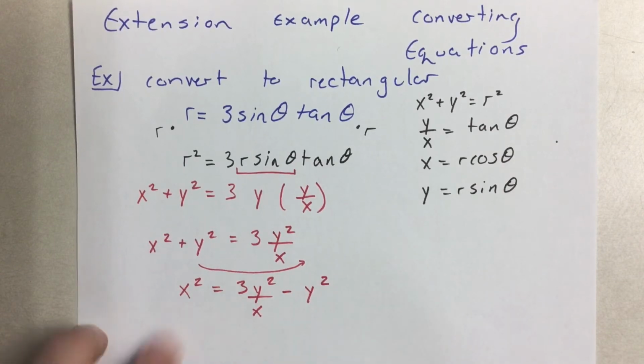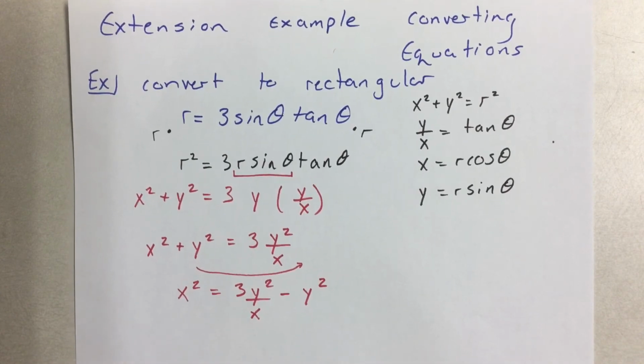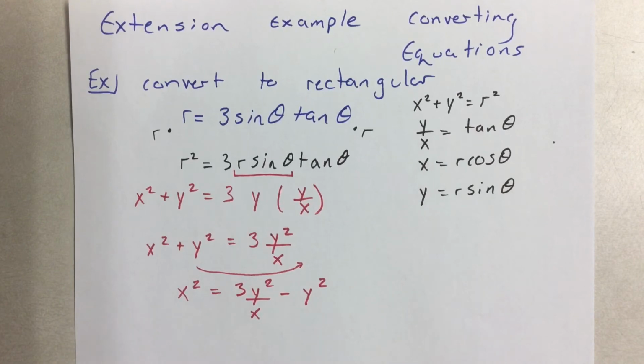I'm not going to square root right now, because that would give me x equals, which is not what we want. Do you recognize what we could do with the right side? You might notice that there's a y squared term in both, so we can factor that out.